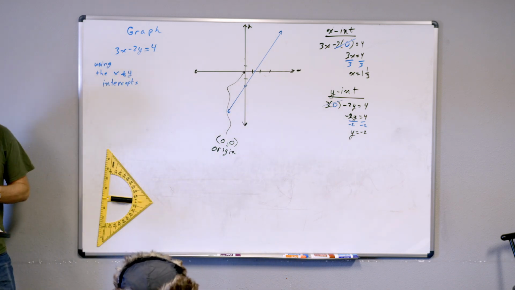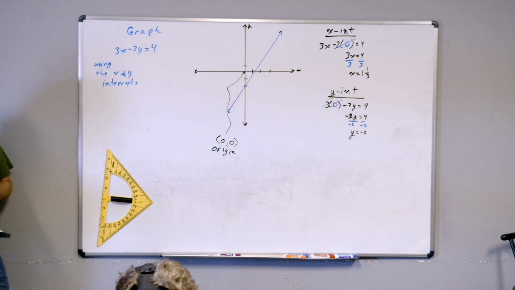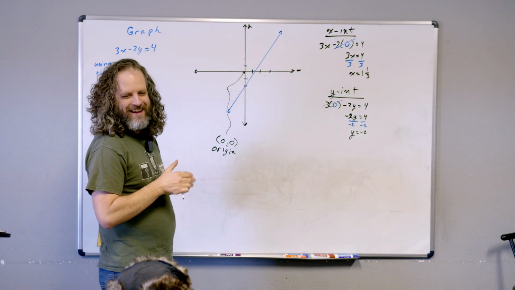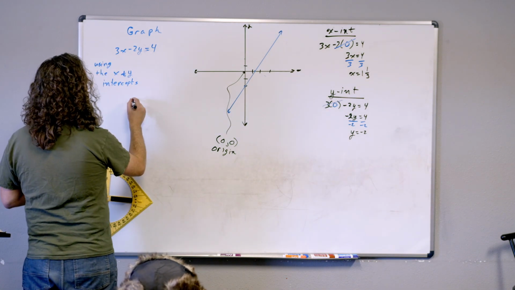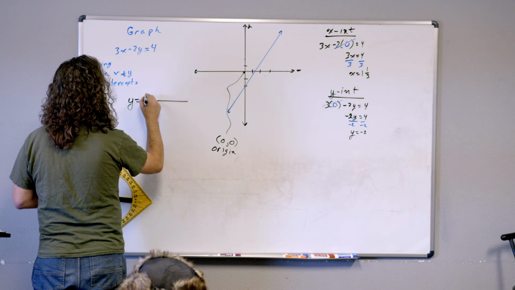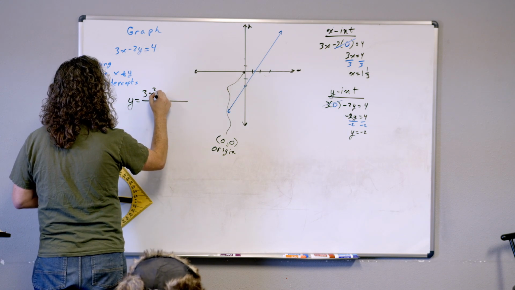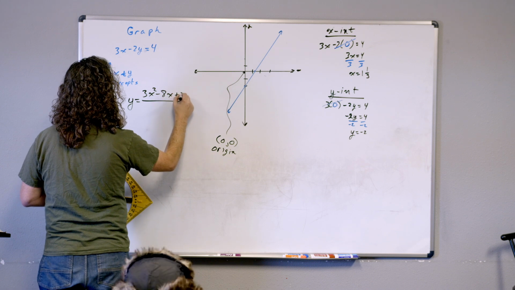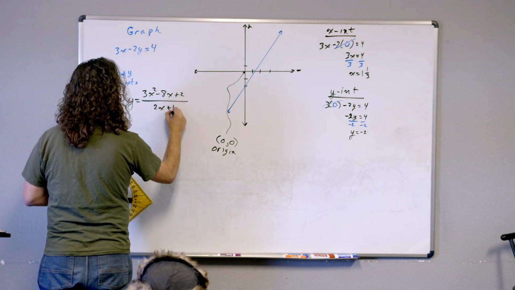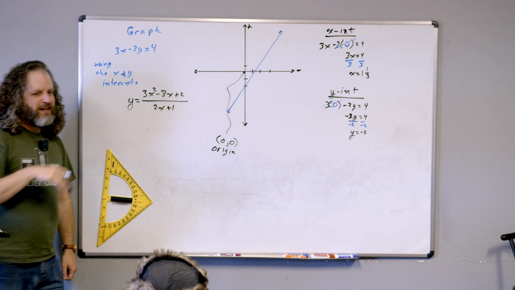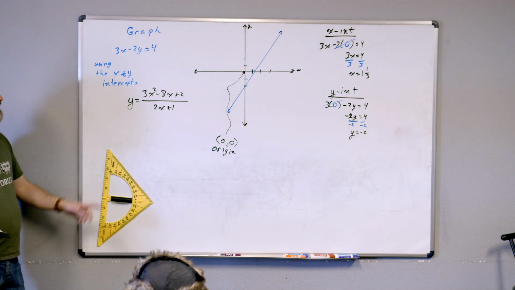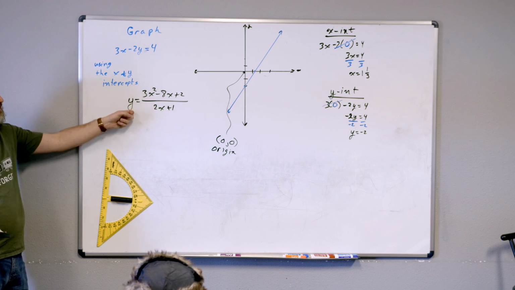Now here's something important that I want you to stick in your brain for later. Even if the equation for whatever we're graphing looks like this, to find the x and y intercepts, it's the same process. To find the x-intercept, we put a 0 for y and then solve.